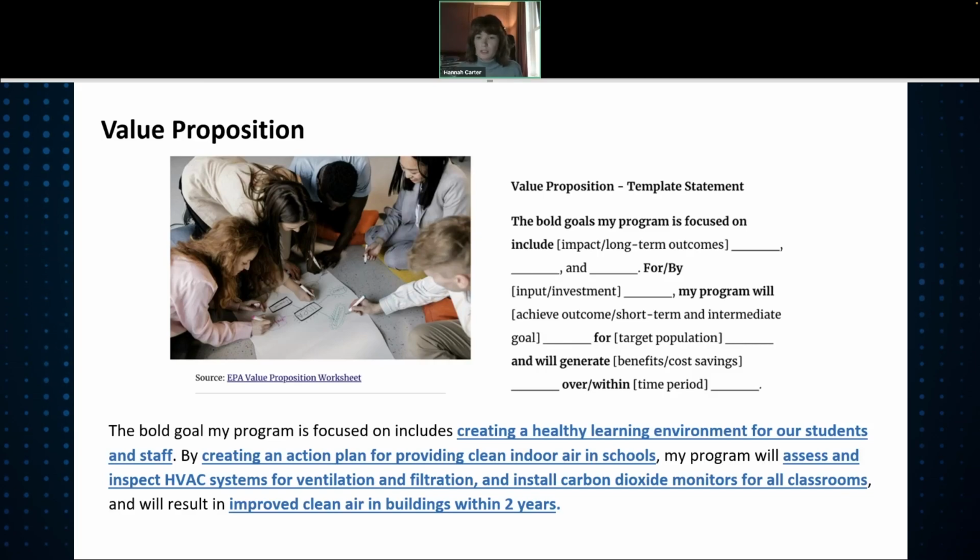The course walks you through this process a bit, and as an example, a goal that a school district might set would be around creating healthy learning environments for students, really stating that their program will assess and inspect HVAC systems for ventilation and filtration by installing indoor air quality monitors to monitor carbon dioxide levels, resulting in improved clean indoor air within 2 years. That's a very generic example, but it's something that the course walks you through. Next slide.